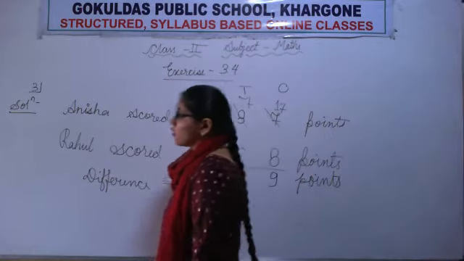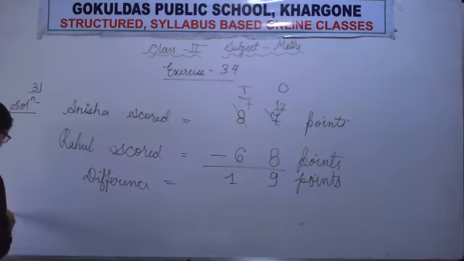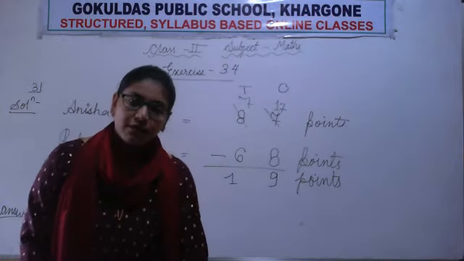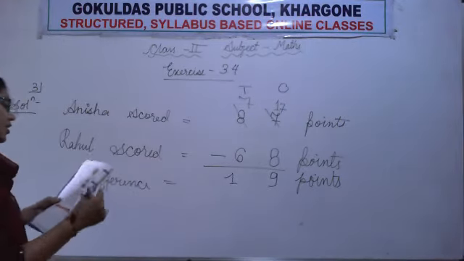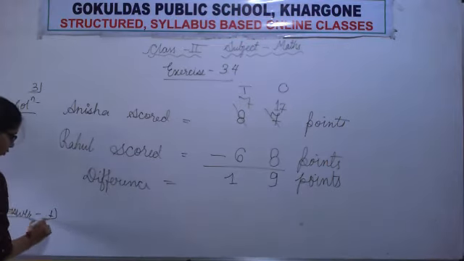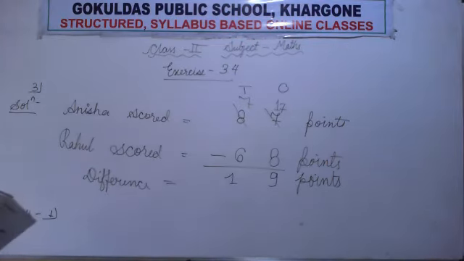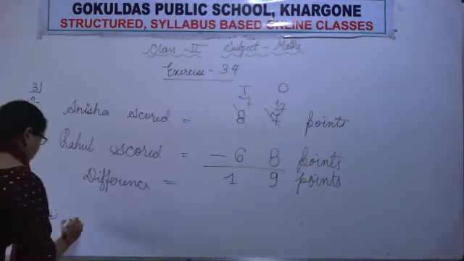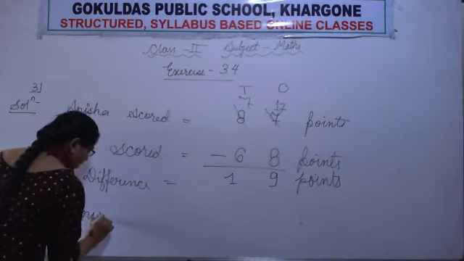Okay. So now we will write the answer. Two things are asked. So we will write about one thing first. Whose score was higher? So we will write Anisha's score was higher.